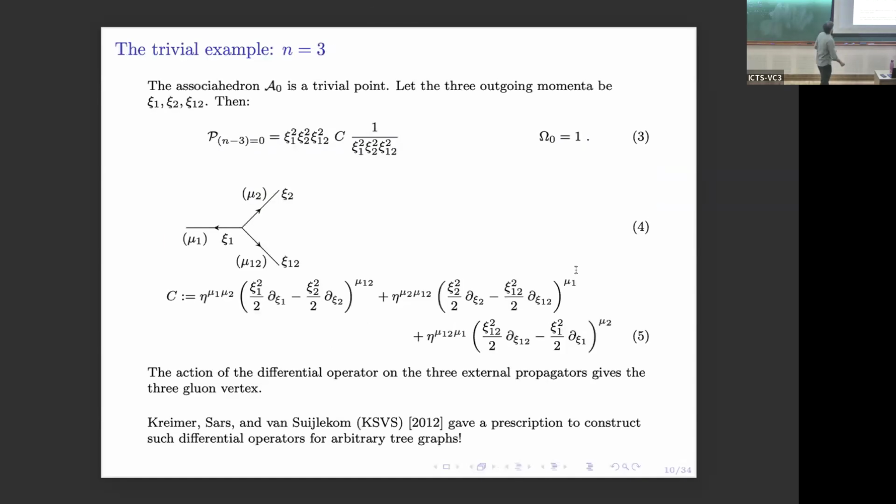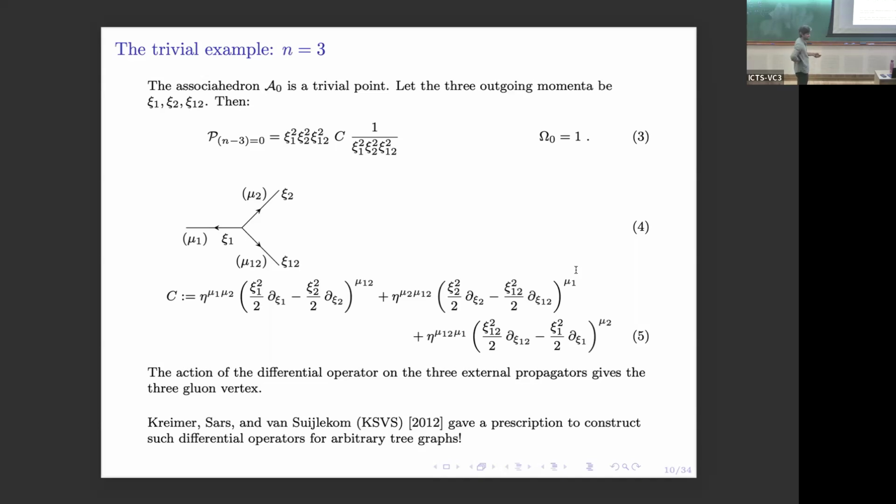Yeah. So to begin with, let's say what is the simplest thing we can think of, n is equal to 3. If the graph has just 3 legs, then the associahedron is a trivial point, okay? It just has 3 outgoing legs. And I say that let's consider this particular differential operator, okay? What is the idea behind this?